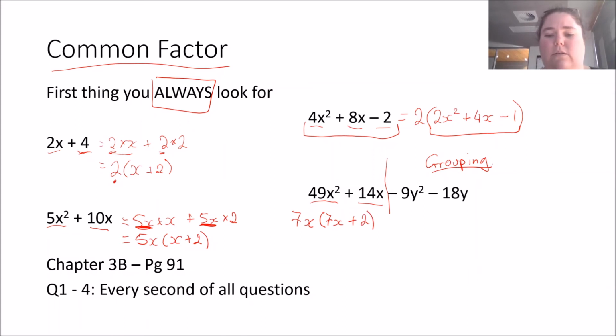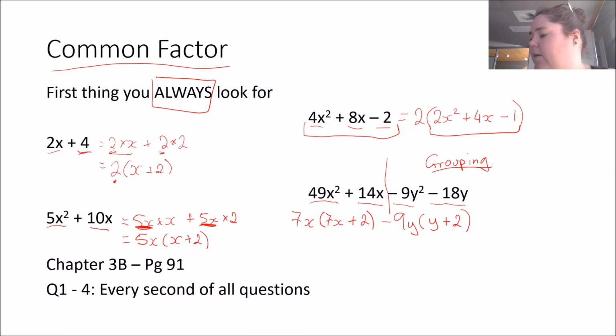Then we look at these ones, negative 9y and negative 18y. They also have common factors. We can take out negative 9y, which leaves me with y plus 2. Okay, and so that is grouping. We're splitting it up and taking common factors out of each individual thing.